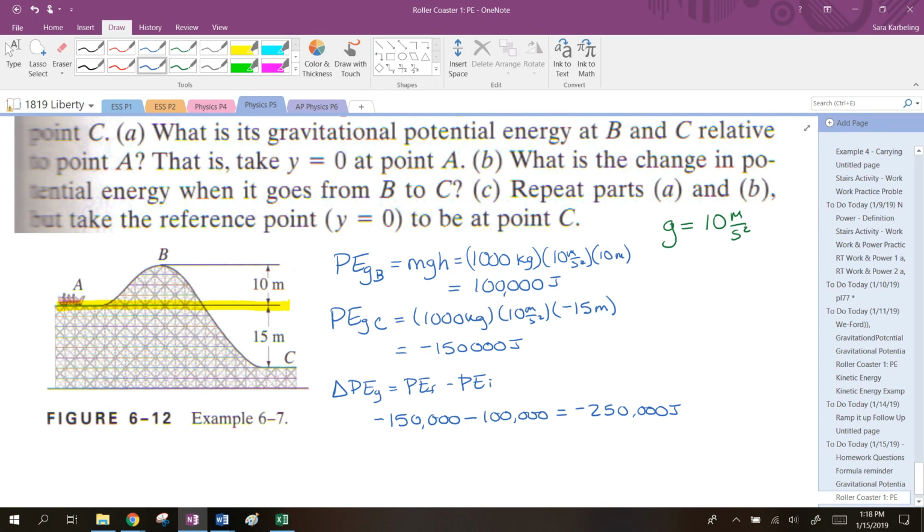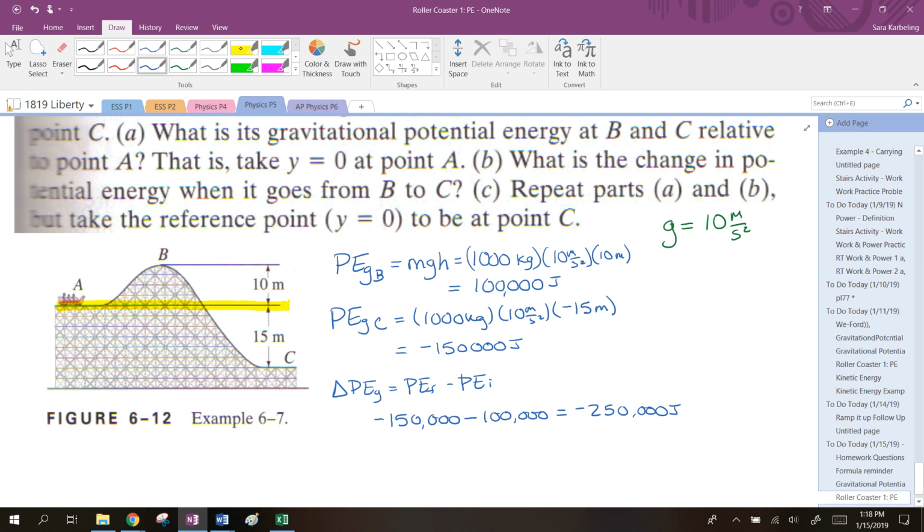All right. Question C says to repeat parts A and B, but take the reference point to be at the bottom. So this is what the problem said to do. This is what Lily wants to do, because she's ornery sometimes, right? She says, Miss Carling says I can say my H equals 0 wherever I want. So she's going to put it down here.